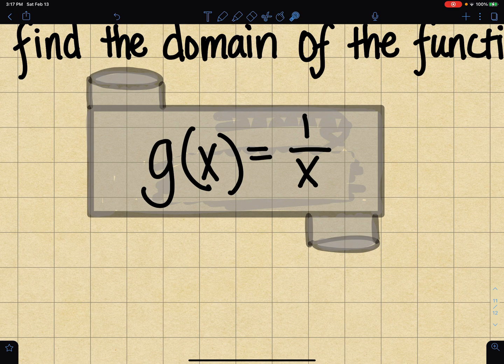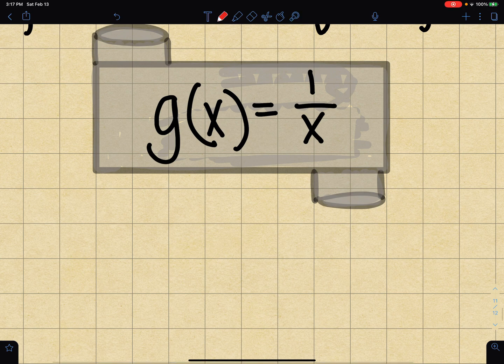Like, could you put in a -1? Sure, 1 over -1. Sure, that'll spit something out of the machine. Can you put in a 3? Sure. Pi, 1 over pi? Sure. You'll get something out of the machine. So it just can't be 0. So the domain is going to be any real number.